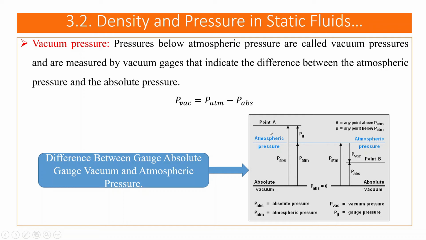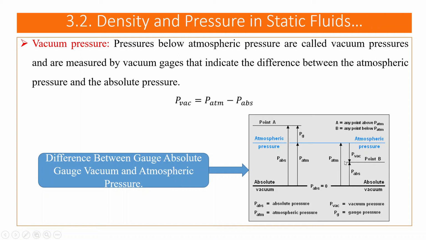If you consider this for a given system, this system has a pressure greater than the atmospheric pressure. But in the right one, we have the atmospheric line. This point indicates the pressure of a system which has a pressure less than the atmospheric pressure.